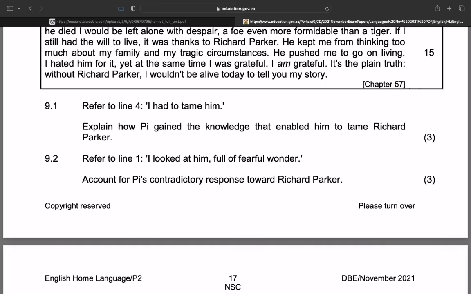You can go on to mention that Pi understood the territorial nature of animals and their respective flight distances, because each animal has a unique flight distance. So Pi completely understood this dynamic as well. You can even go on to say that Pi had this tendency to anthropomorphize animals. In other words, projecting human qualities upon animals.